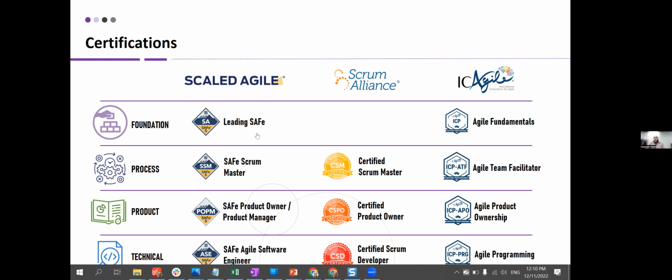It just helps lay the foundation and understand what Agile is and the various frameworks from a Leading SAFe or the SAFe perspective. It also helps you understand SAFe itself, Scaled Agile. And again, just as a reminder of what I said earlier, we have to think of Agile not just at the team level. There's team, there's program or team of teams, there is portfolio.